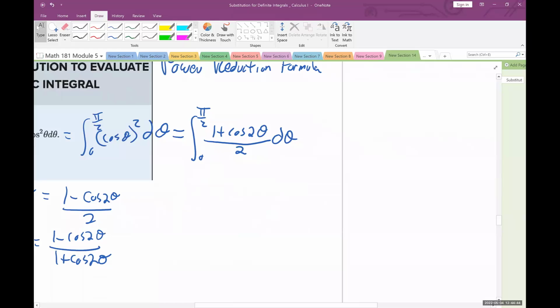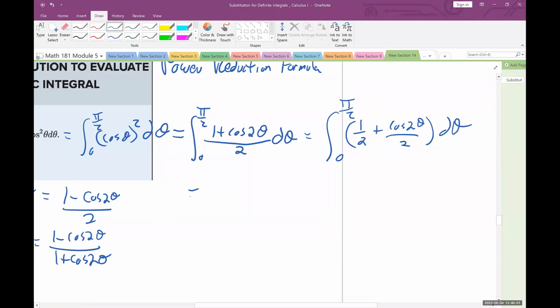Now we can split this up. So it looks bad and it is a fraction. I know nobody likes fractions. So the integral from 0 to pi over 2 of 1/2 plus cosine of 2 theta over 2 d theta. And we can treat these as separate entities.